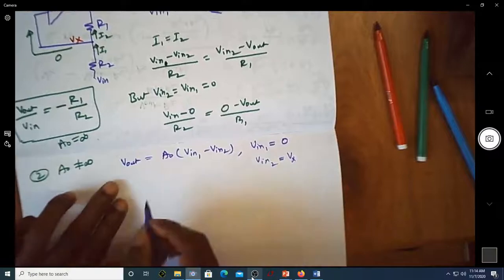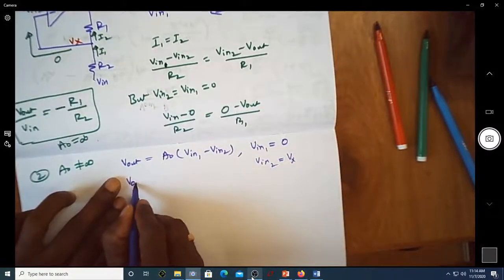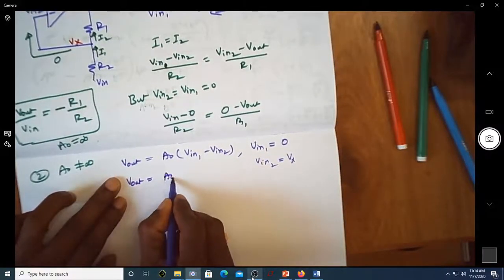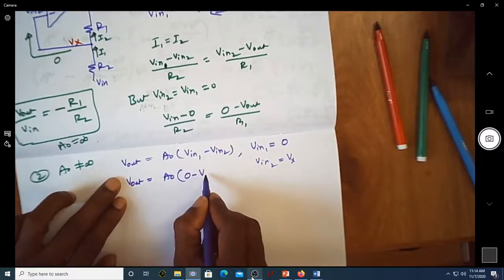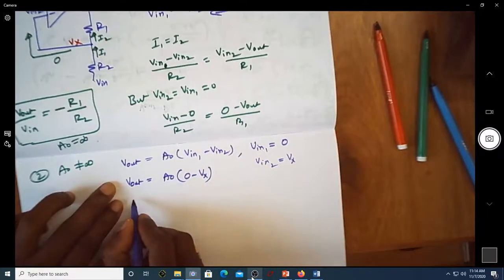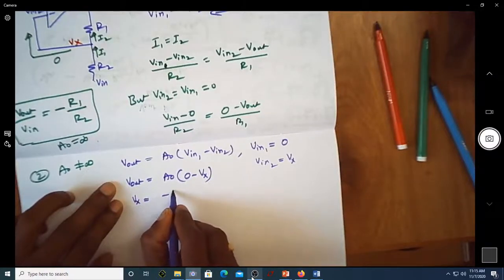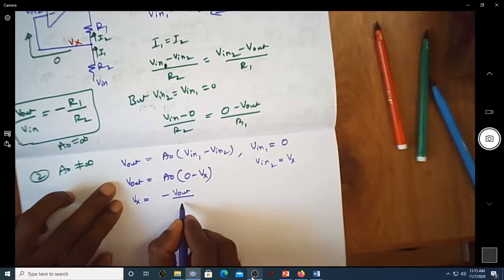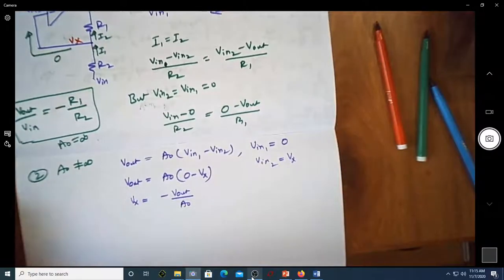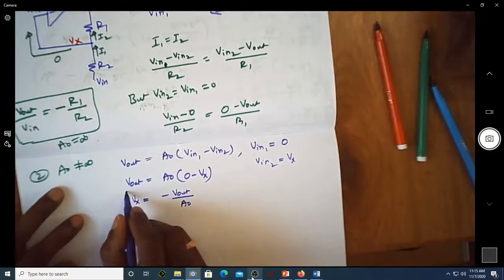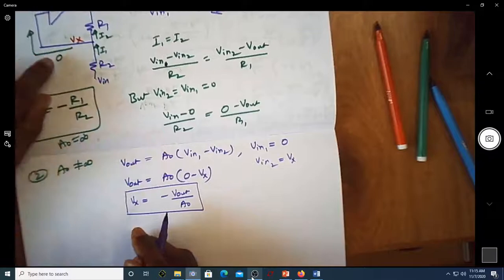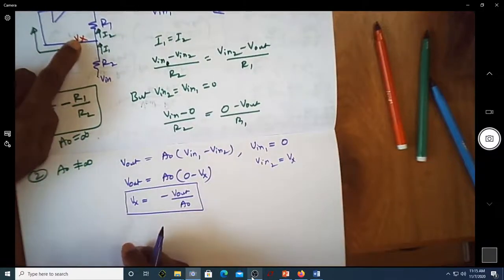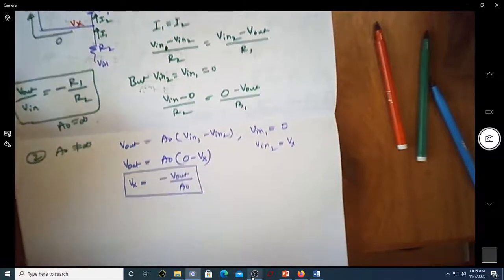So can I write now V out equal to A0 into (0 minus Vx)? So now I can write Vx as equal to minus V out by A0. Correct? This is the expression for the voltage at this point, considering A0 as the gain.